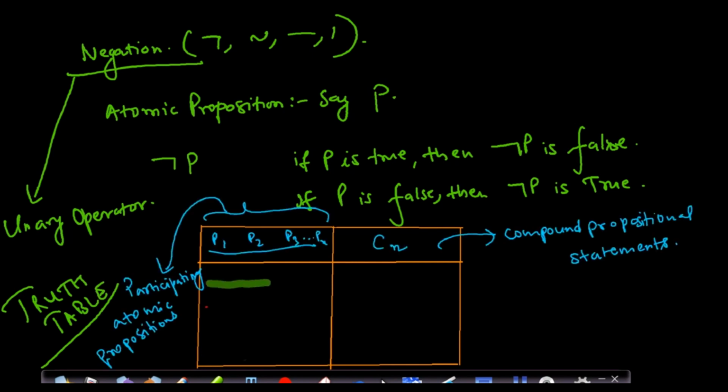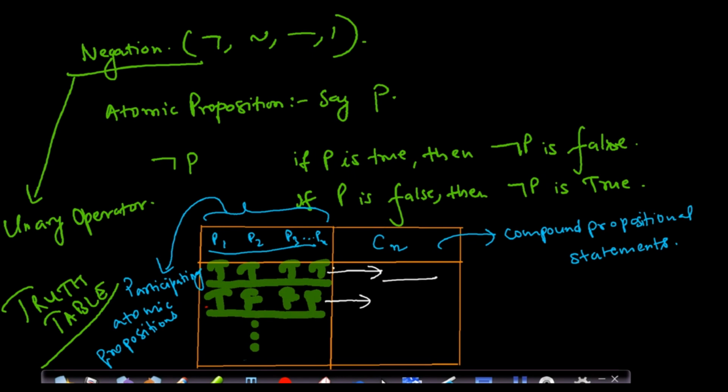On this side you have all the different combinations possible, since every atomic proposition can take two values, true or false. One combination is when all of them are true. Another is when only one is true and the rest are false. In this manner, all the different combinations are listed, and with respect to every combination, you mention on this side what truth value the compound proposition will have.